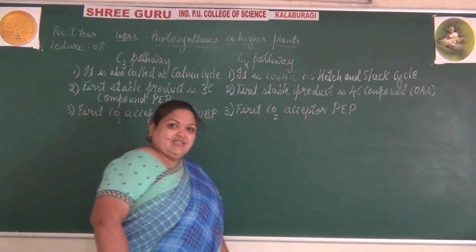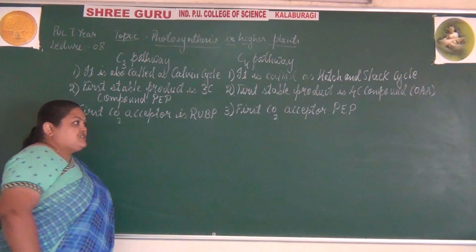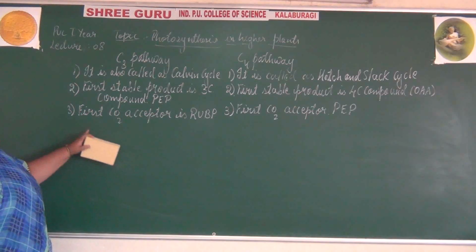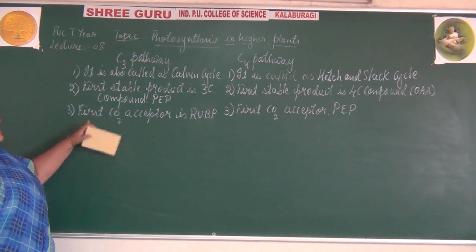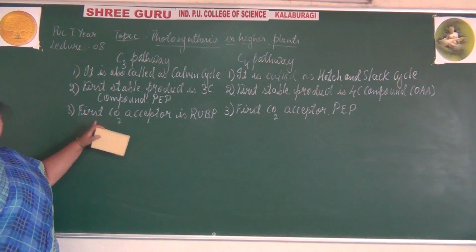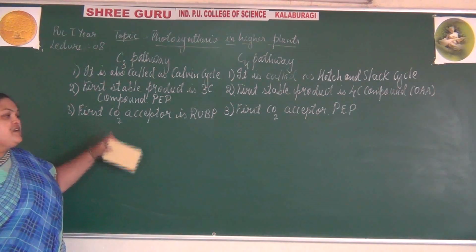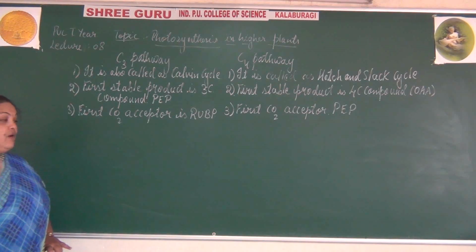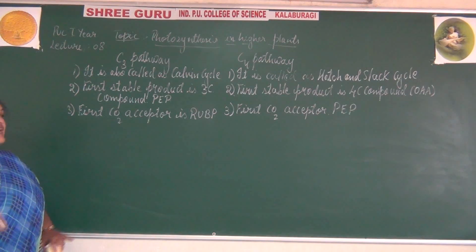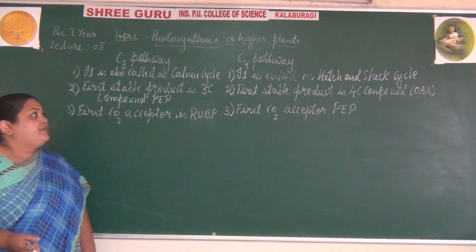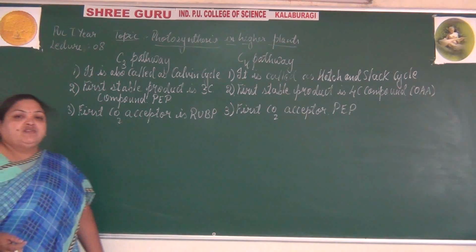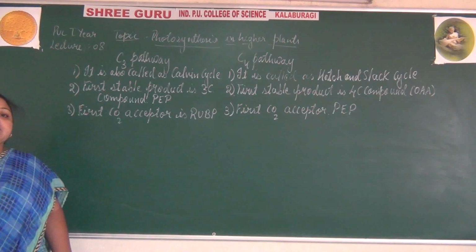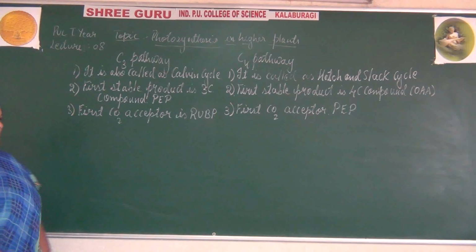In both processes there is fixation of carbon dioxide, that is, the carboxylation process occurs. The chemical component which absorbs the carbon dioxide is RuBP in C3, while in the C4 pathway the first carbon dioxide acceptor is phosphoenol pyruvate.